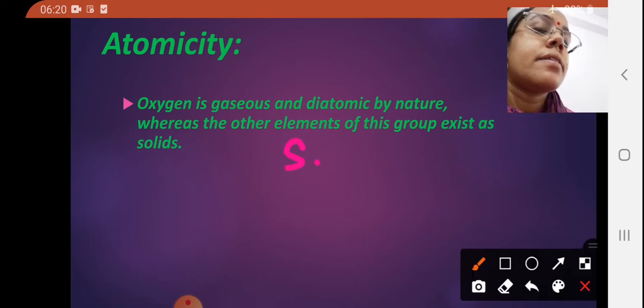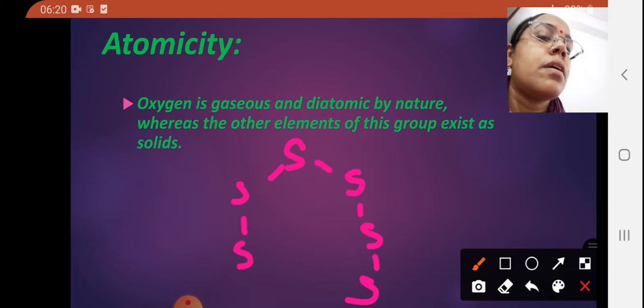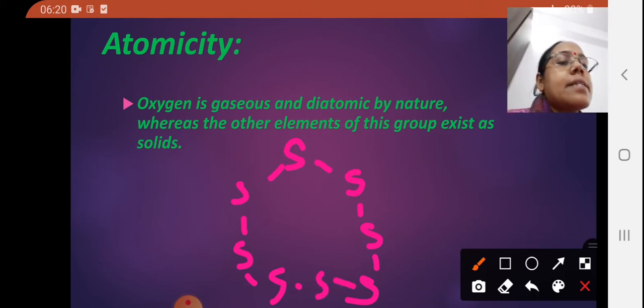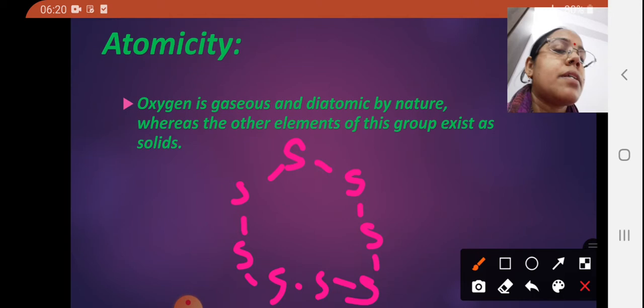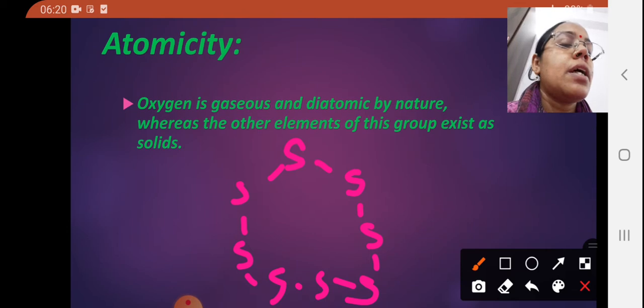One sulfur has a single bond with another sulfur, which has a single bond with another sulfur, and so on. Like this, each sulfur atom is attached by single bonding with the other sulfur atom, and in this way 8 sulfur atoms are attached to each other in the octatomic or polyatomic form of sulfur.